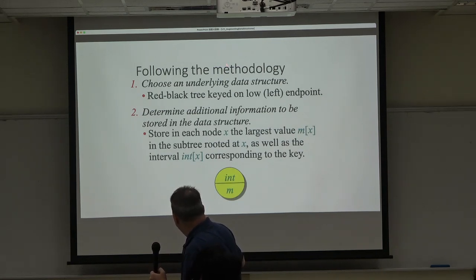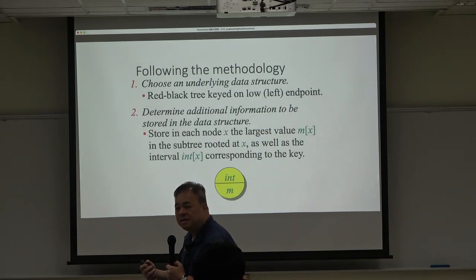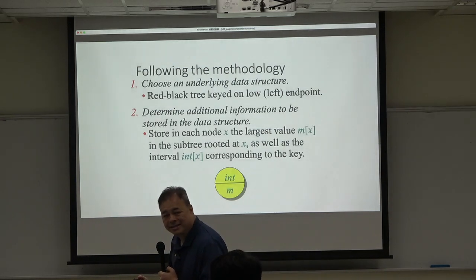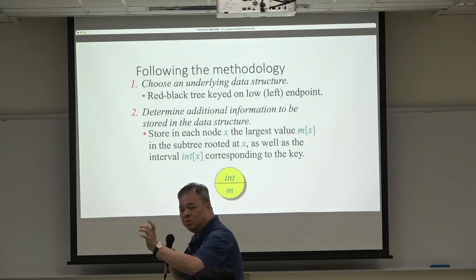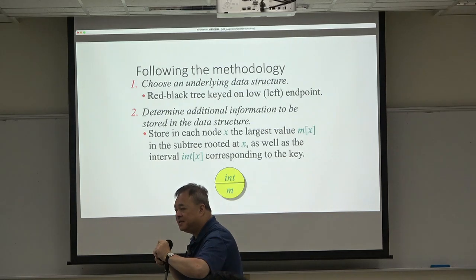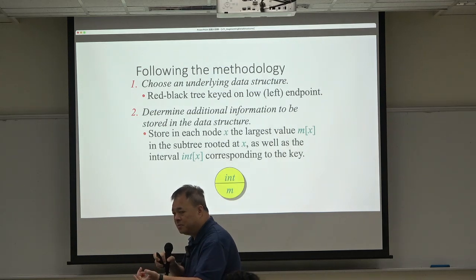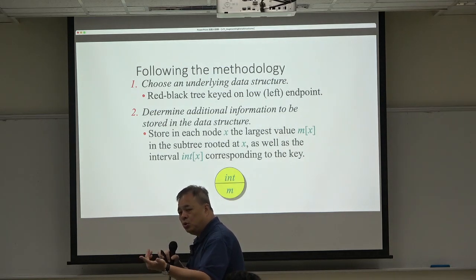But if you use the red black tree, the first question is, for each node we have a key, but for each interval, we have two values, a low and a high, because you have a left endpoint and right endpoint for one interval. But the key only has one value.